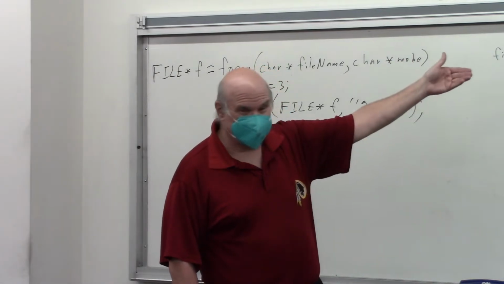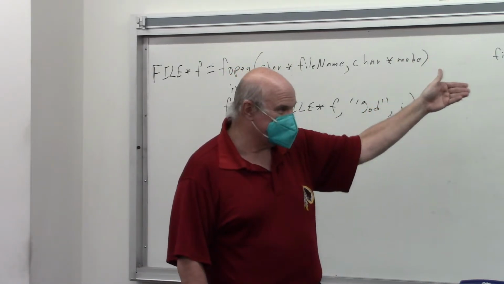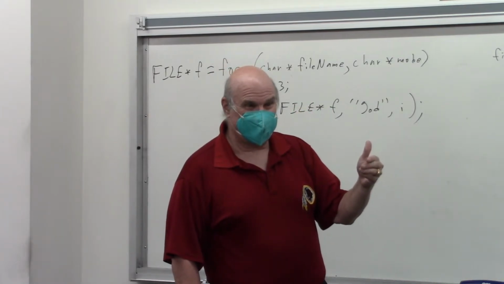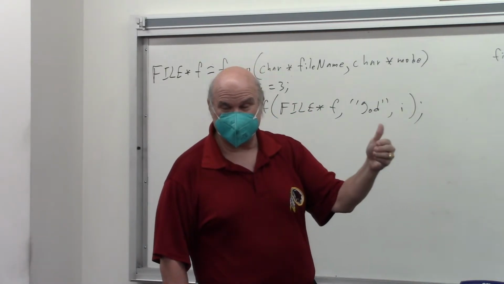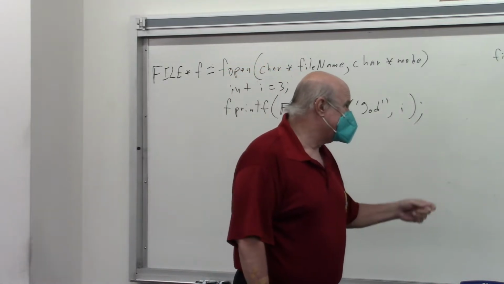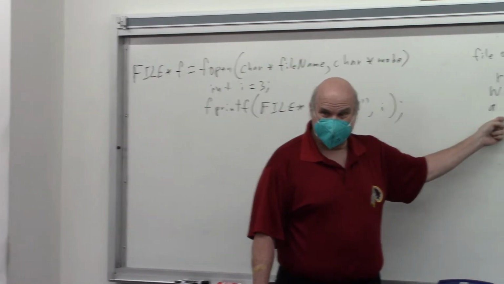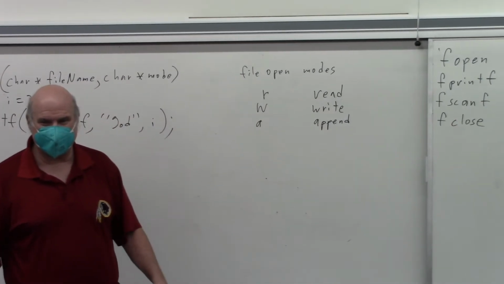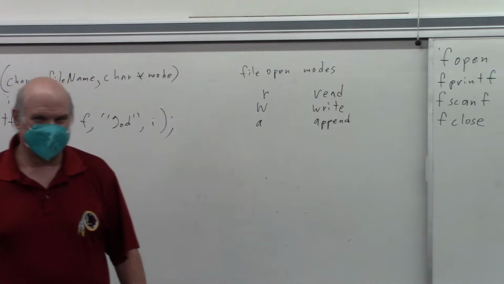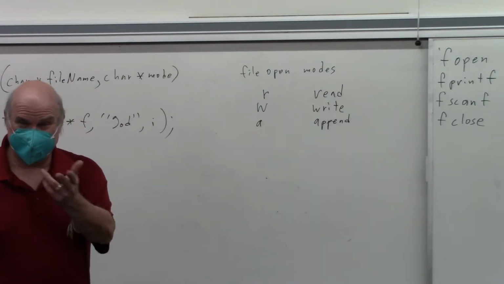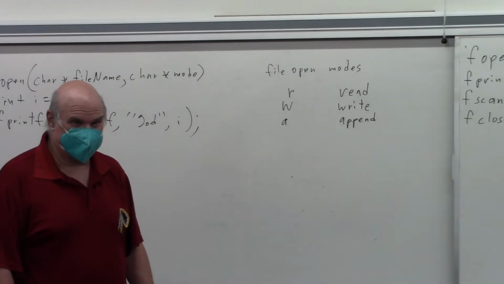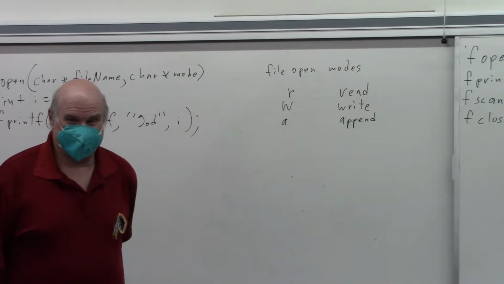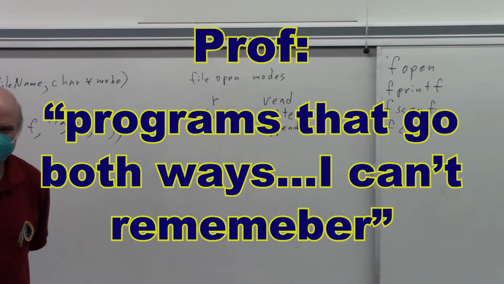But for our purposes, you need to think of a file as a stream of data. A given file is going to have a source or a destination or both. Now, one of the things you can do in the modes, you can both read and write. There's another mode that says read and write. I can't remember if it's RW or whatever it is. I don't know that you have to write programs that go both ways.